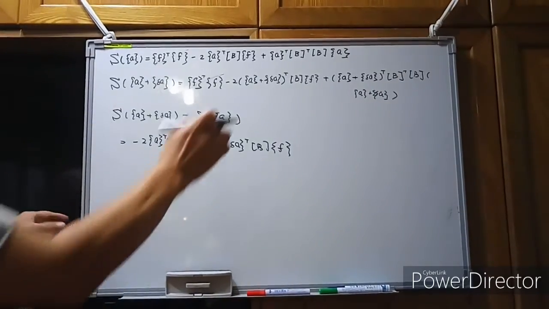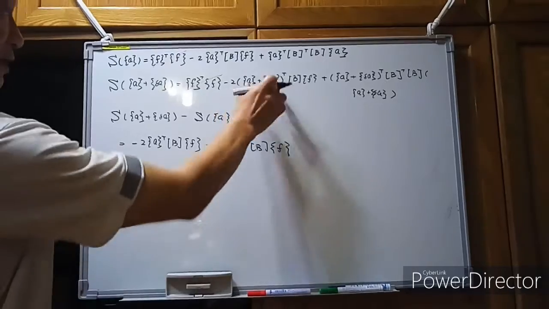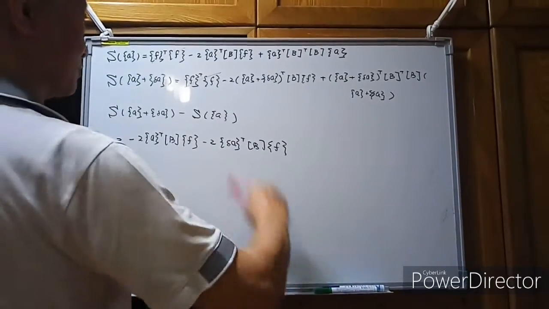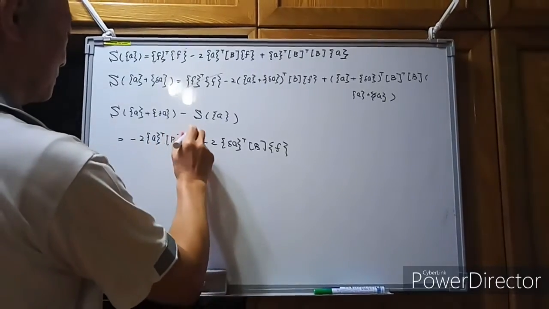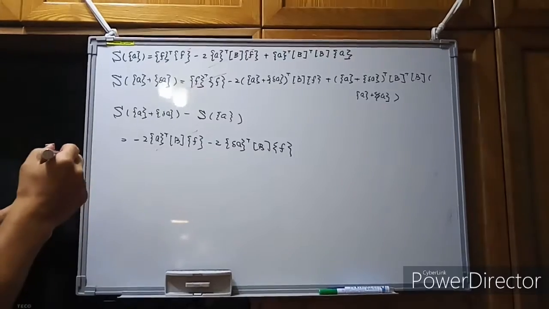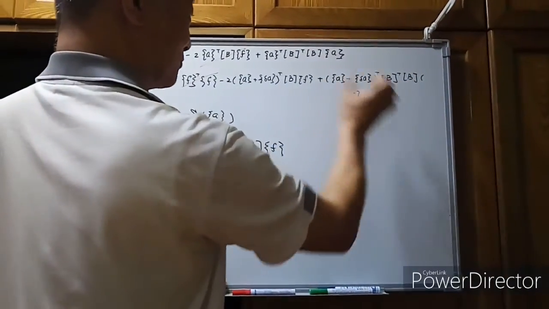Okay, if we multiply this term by this term, we can get these two. And the first one can be erased by this one. Okay, then I will multiply these three together.